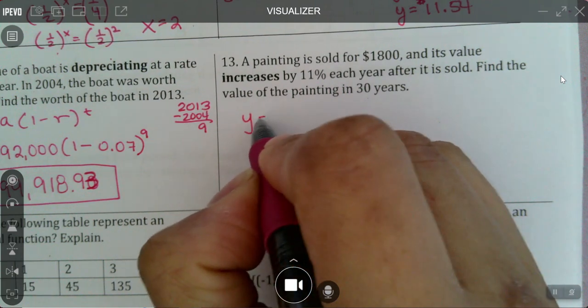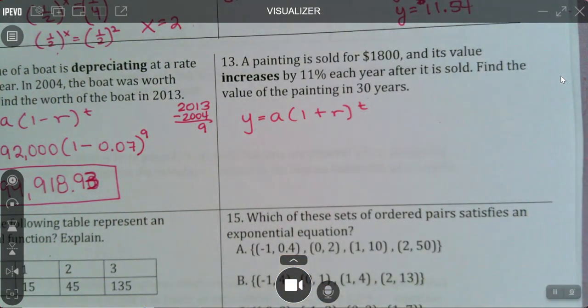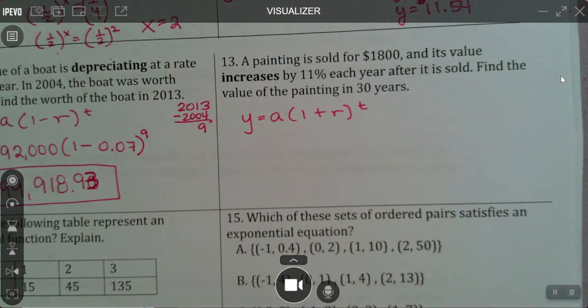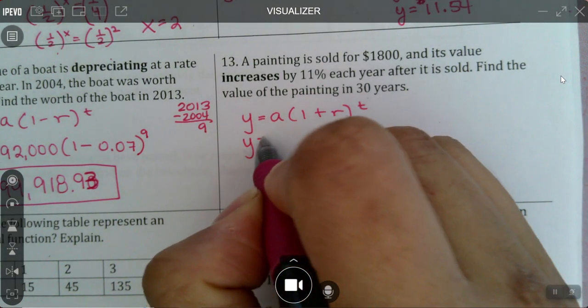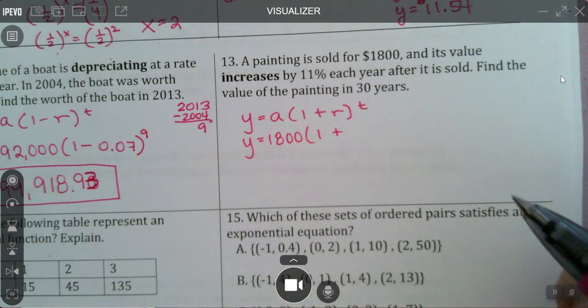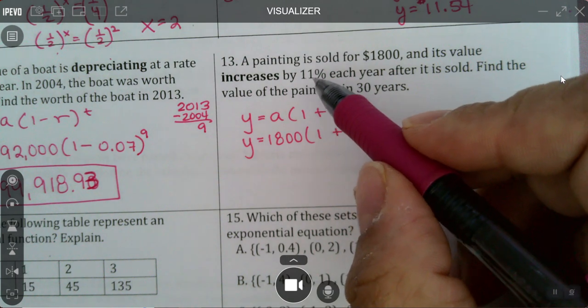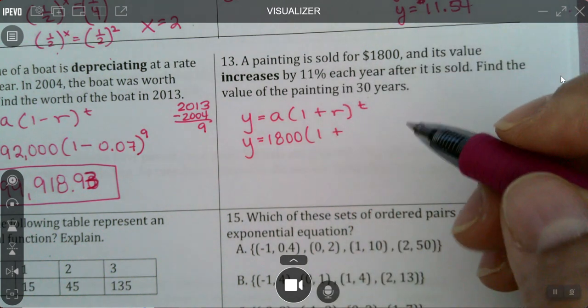So you need to know this. All right, hurry up. Identify your A and identify your r. What is A? 1,800. Yes, Pedro? What? Increases by 11%. What is 11% as a decimal?